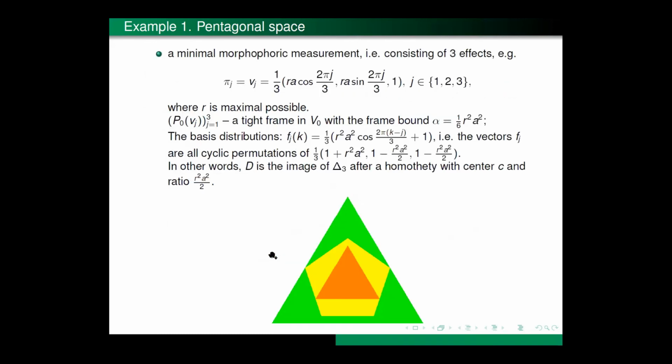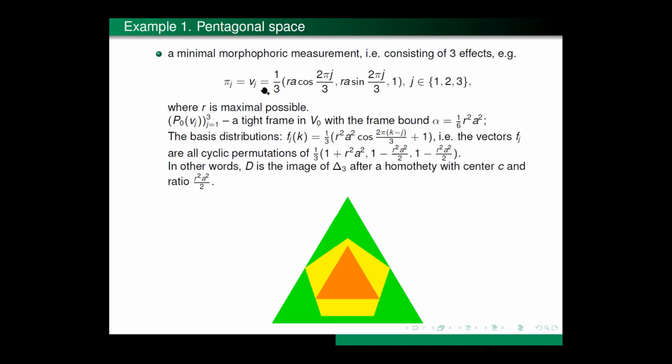However, we can also consider another morphophoric measurements. So in case of this pentagonal space, the minimal morphophoric measurement needs to consist of 3 effects, and one of these minimal measurements is given here.